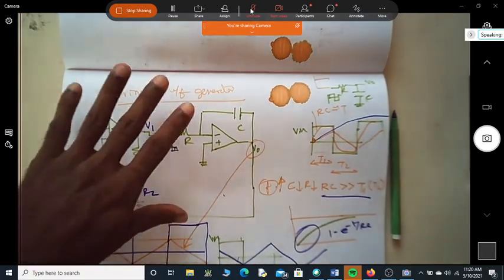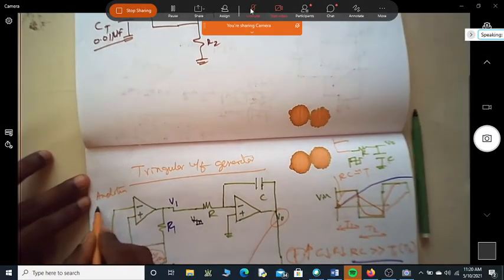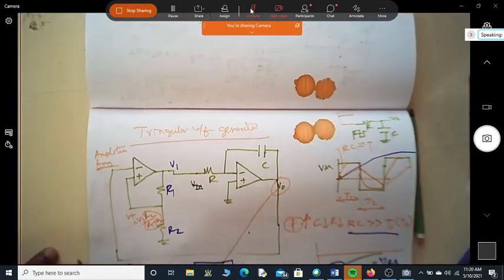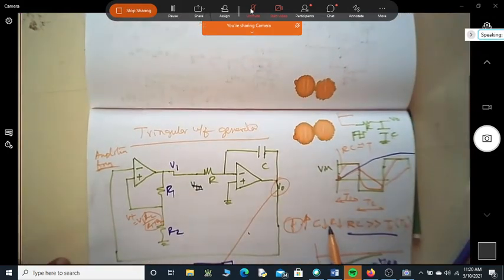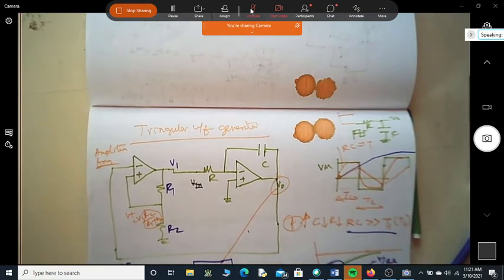Because for any waveform we have two things: the amplitude of the signal and the frequency. If I change the value of RC, is it possible to change the amplitude of the triangular waveform? Or is the amplitude controlled by beta Vsat? Because if you can see here, this is your amplitude.